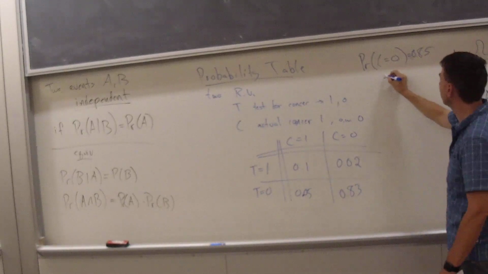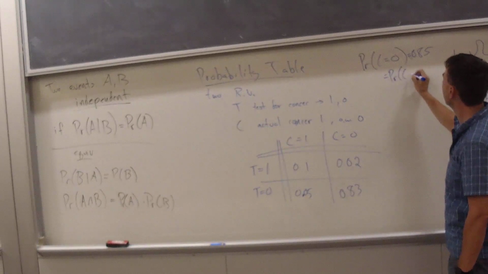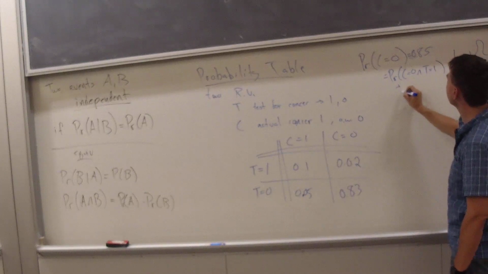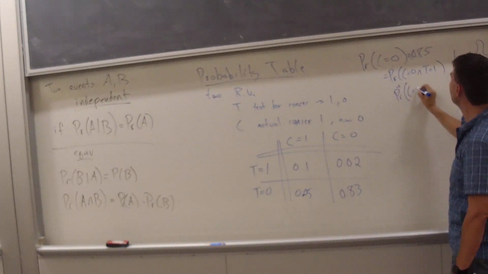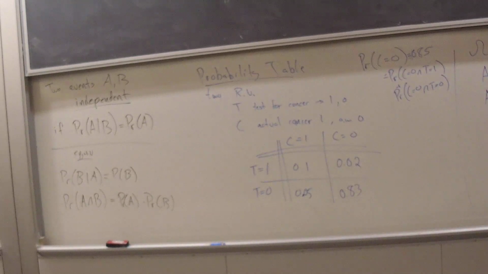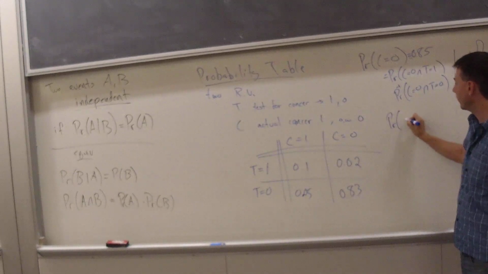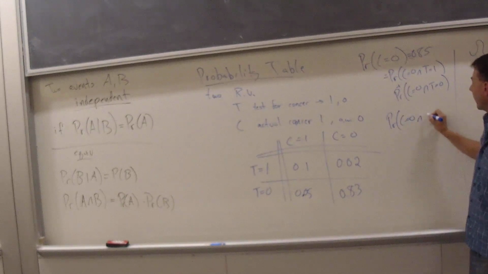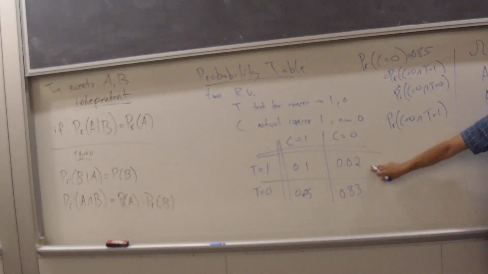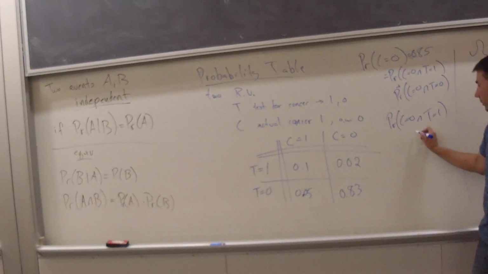So this is equal to the probability of C equals 0 and T equals 1 plus the probability of C equals 0 and T equals 0. What's the probability that I don't have cancer, but the test says I have cancer? I would write that as the probability I don't have cancer and the test says I have cancer. And that's just this element in the table, 0.02.